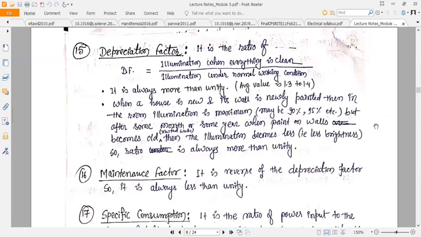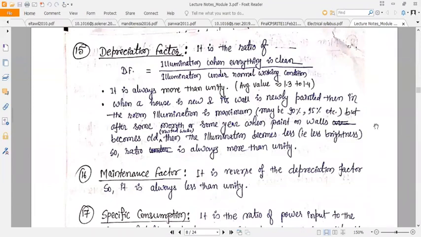Illumination when everything is clear, and the illumination under the normal working condition. Under normal working condition winter season में थोड़ा बहुत fog रहेगा, ठीक है, उस वक्त illumination क्या है?